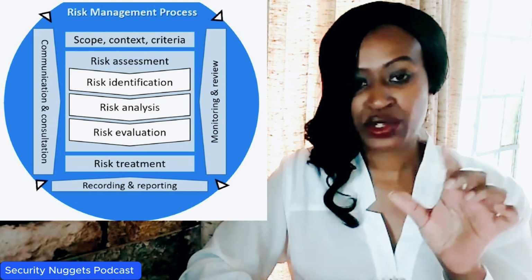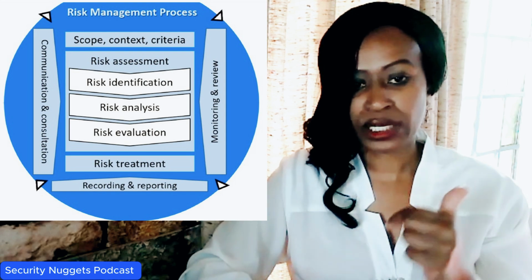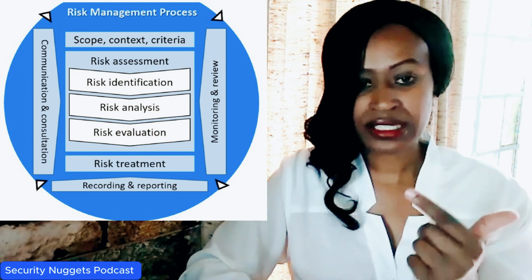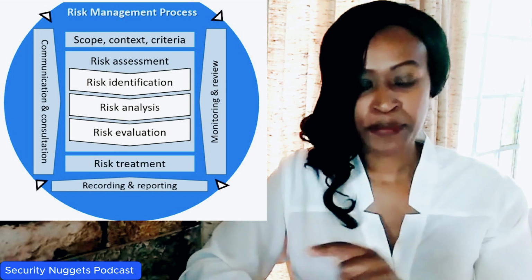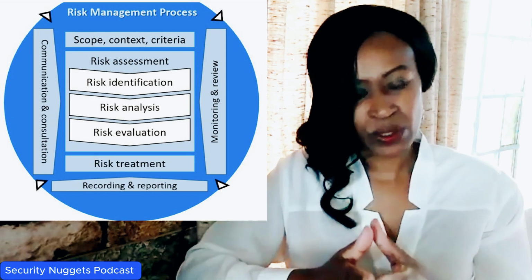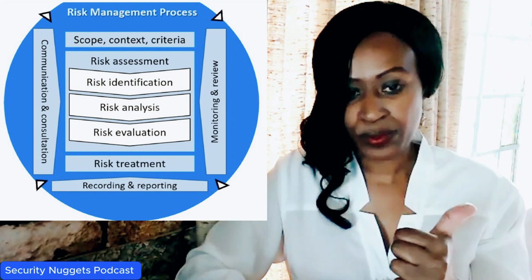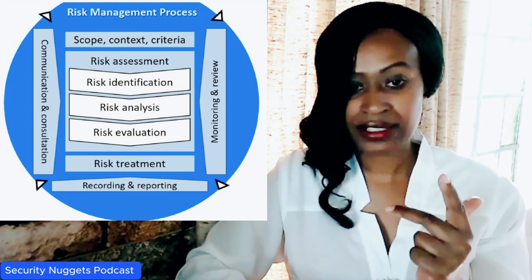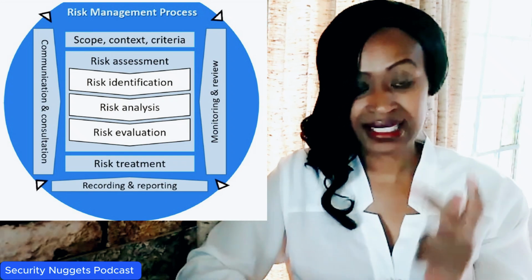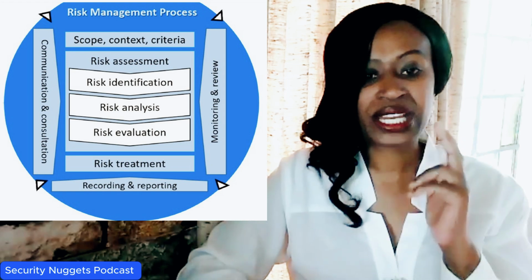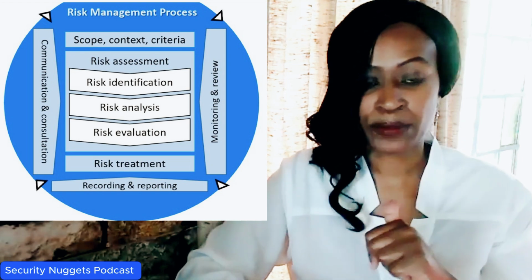We are going to use it in this context where we are looking at the security risk assessment process. So the first thing we do is establish the scope, the context, and the criteria, before we get into risk identification.